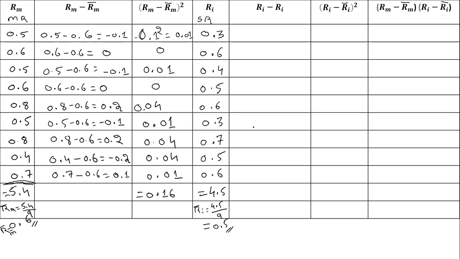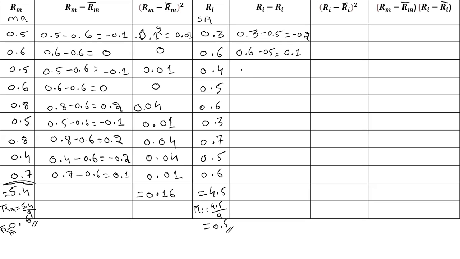Now we will deduct this R bar I, that is the average return, from the stock return, that is 0.3 minus 0.5, so we will get minus 0.2. For the second one, we will deduct 0.6 minus 0.5, so we will get 0.1.